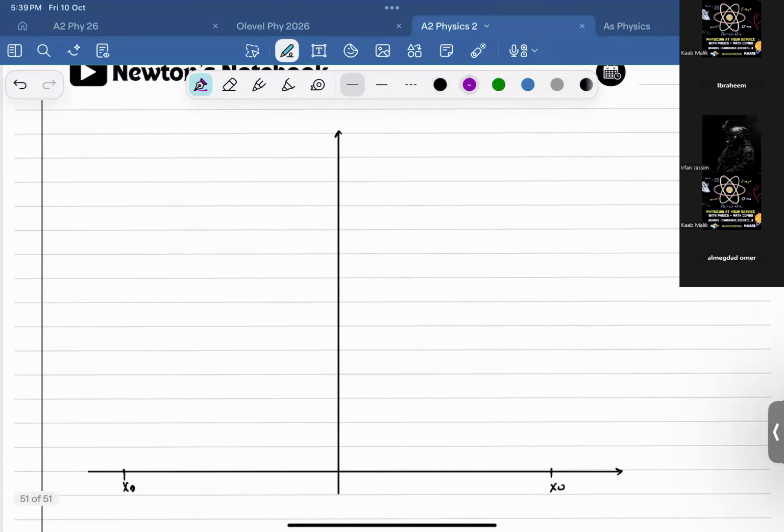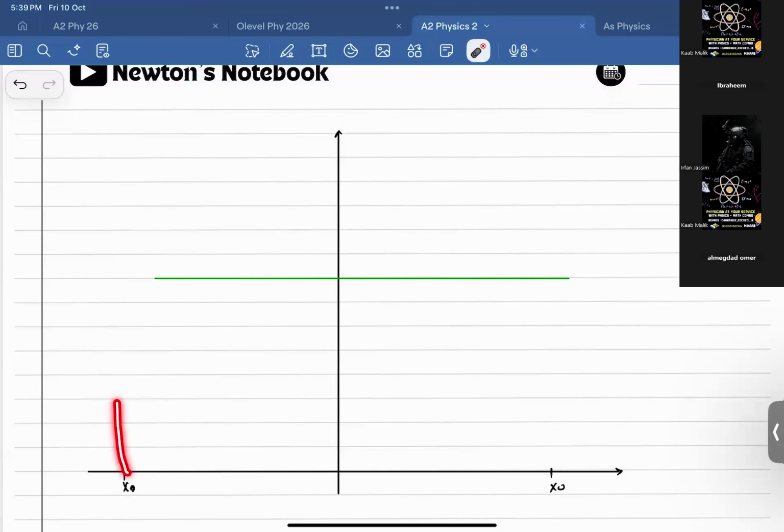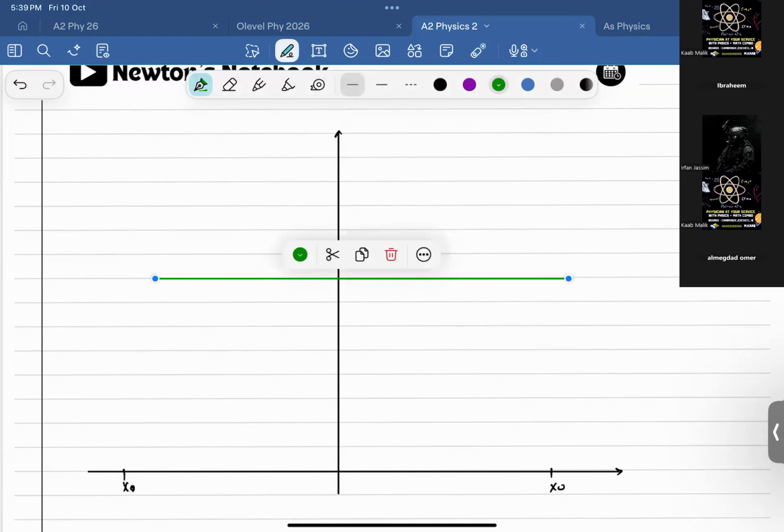So if we draw the graph for the gravitational potential energy, so let's say for the total energy, this is the graph for the total energy, okay. And you know that the total energy will always be conserved in a system. So none of the graphs, the potential and the kinetic, will be more than that or greater than that, okay.